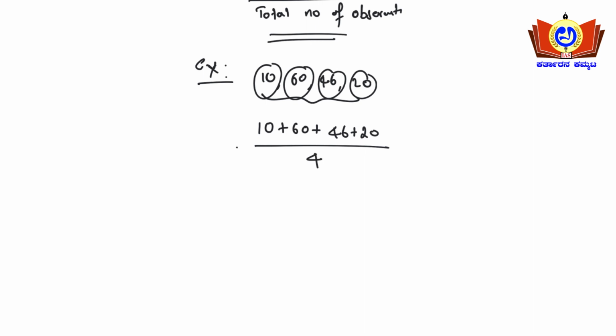So 136 divided by 4. The average will be 34. So according to the definition and this example, you know how to calculate the average.